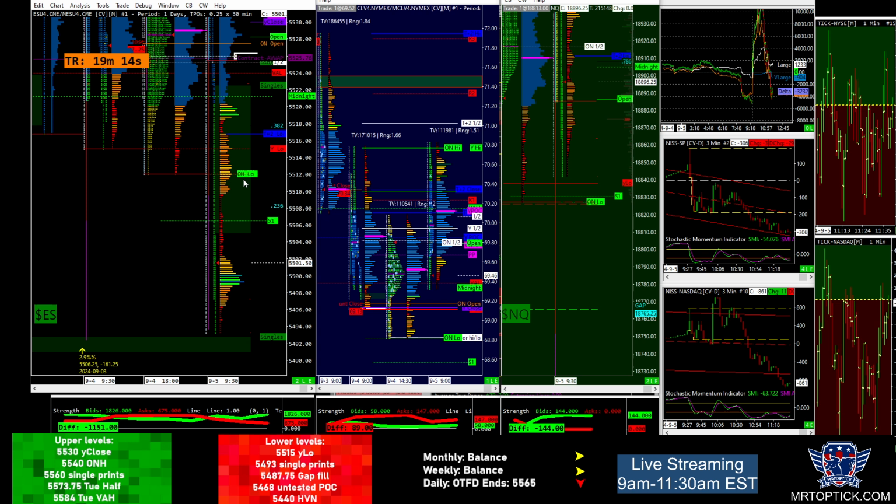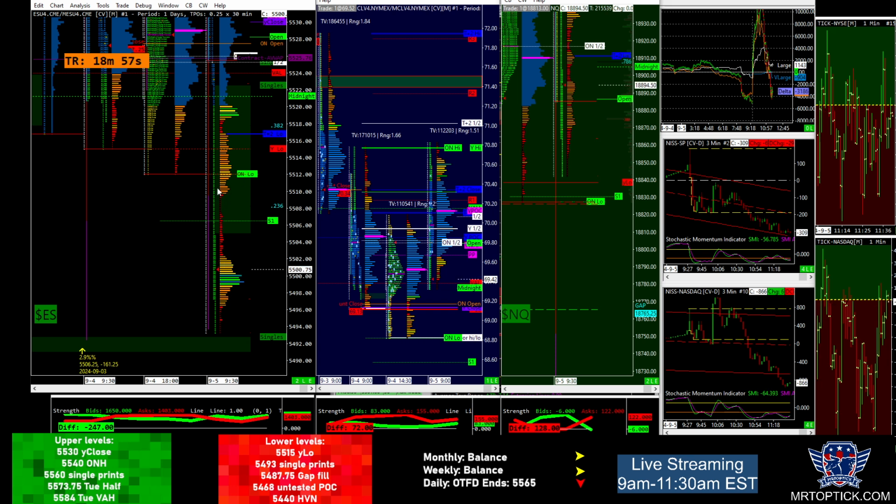But I want to use the structure of the market to place my stops. So in this case, let's say I put the stop up here. Once we get below the overnight low, I can move my stop above this low volume node.